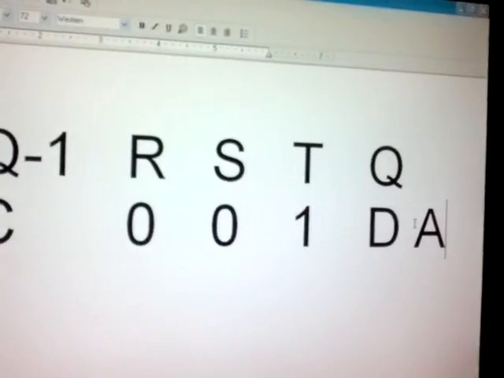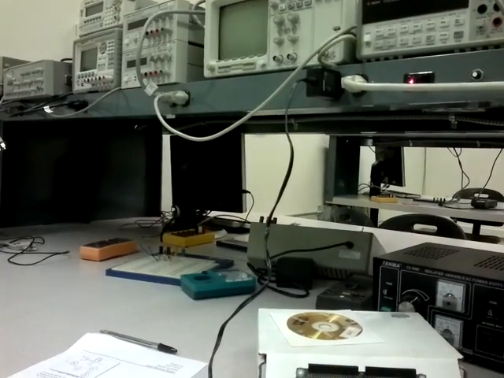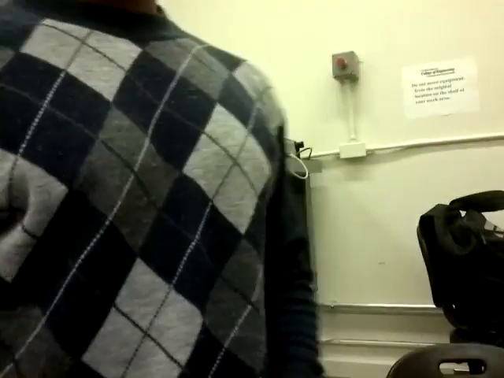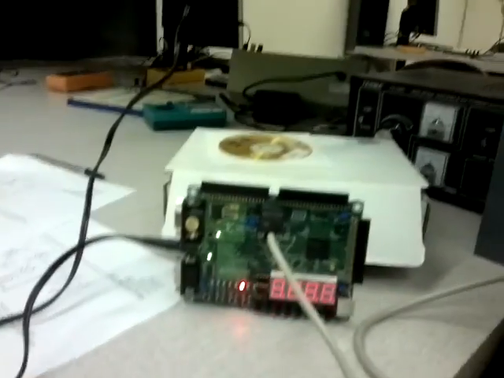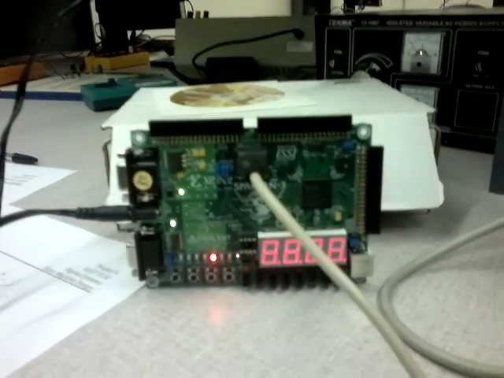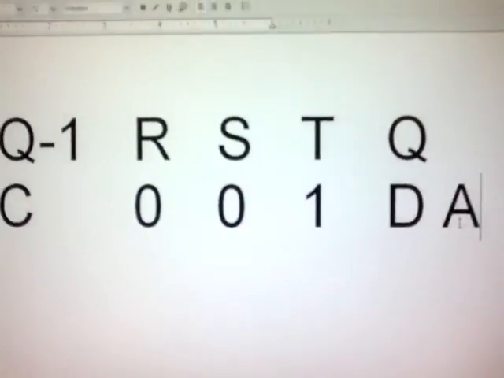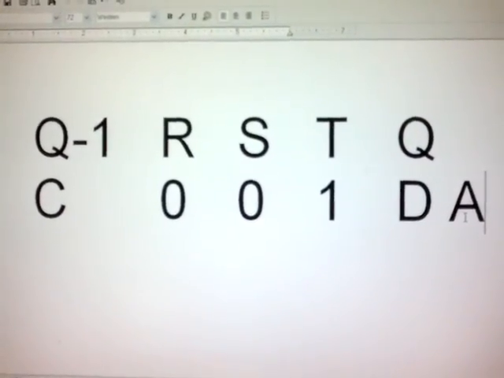CD1, ok. Je crois que c'est passé là. CDA.